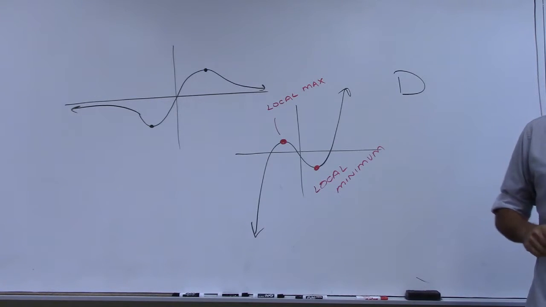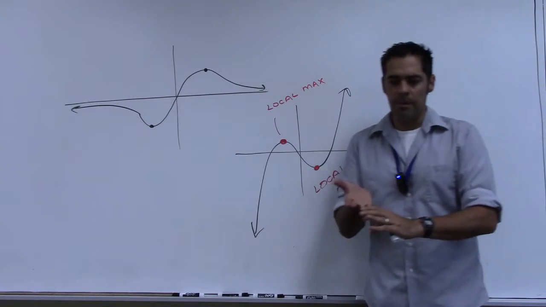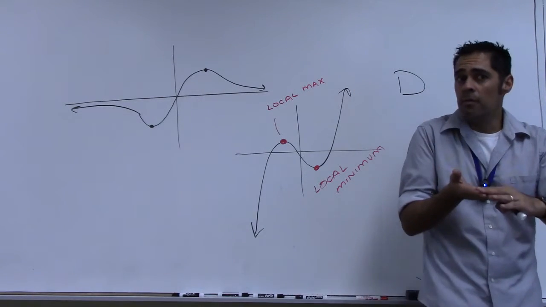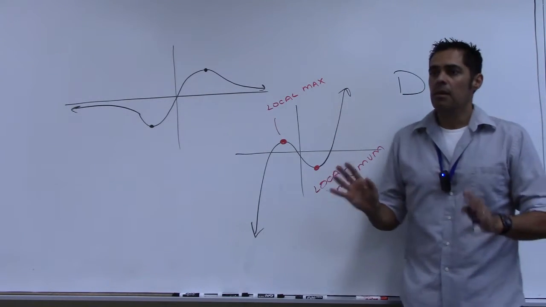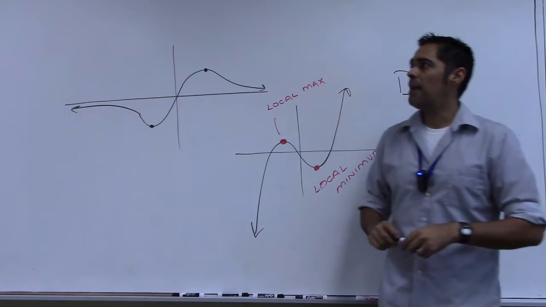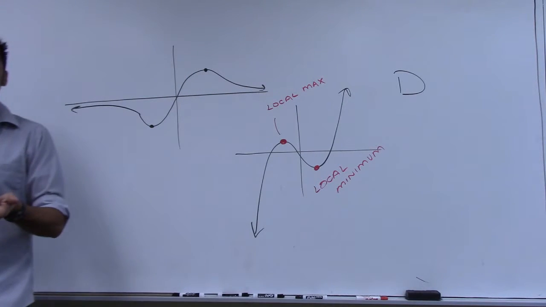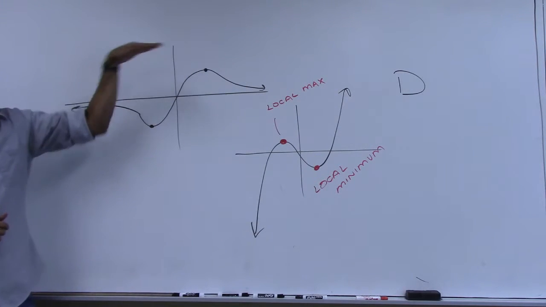All right? Also keep in mind that the absolute max, the absolute minimum, global max, global min, local max, local min, that's the y value of the function. So if I tell you the absolute maximum value of this function is 20, I'm saying the maximum height is 20.